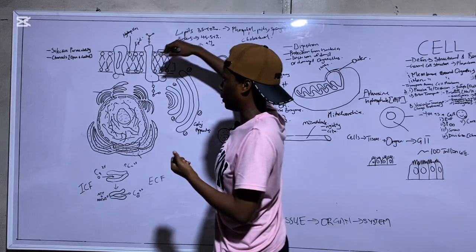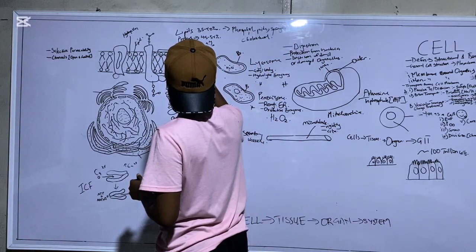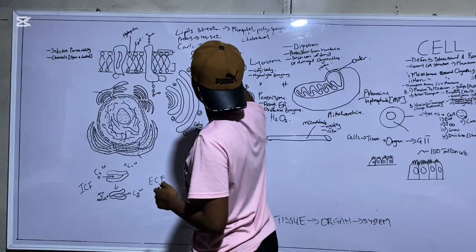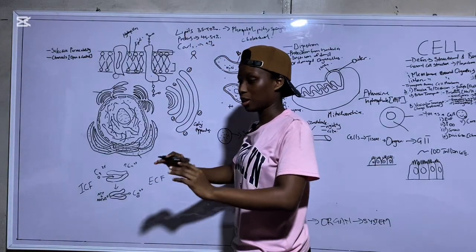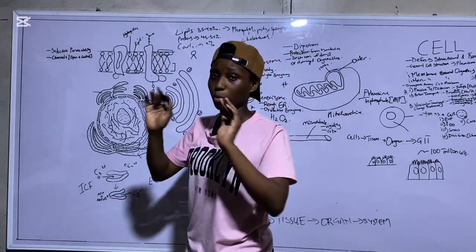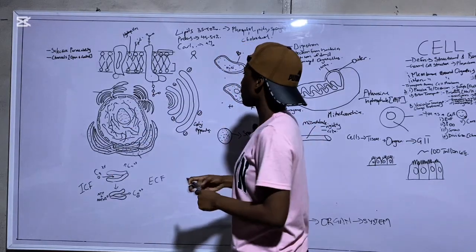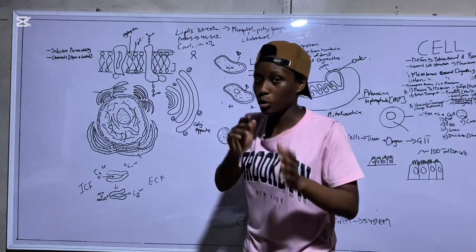So what does that mean? Phospholipid. This is a phospholipid. Whenever you hear plasmalemma, whenever you hear cell membrane, phospholipid bilayer is the first thing that should come to your mind. Now this is a phospholipid: phosphate and lipid.